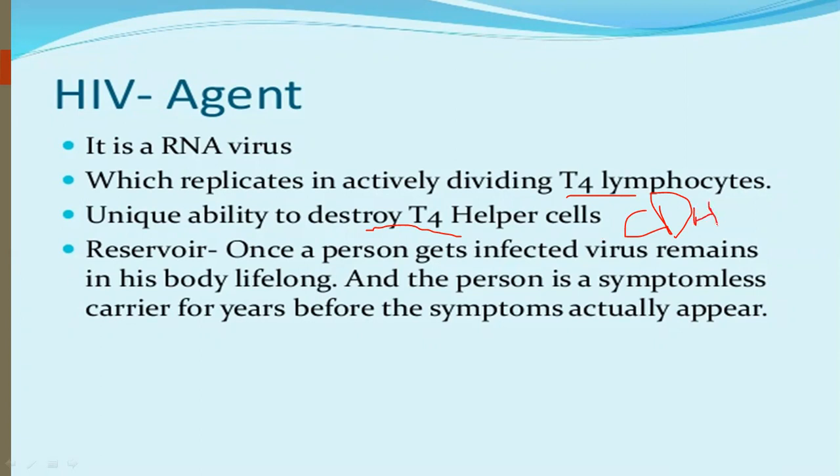Once a person gets infected with the virus, it remains in the body for a lifelong period. At that time, the person is symptomless, and for several months to 10 years, it does not highlight its symptoms.